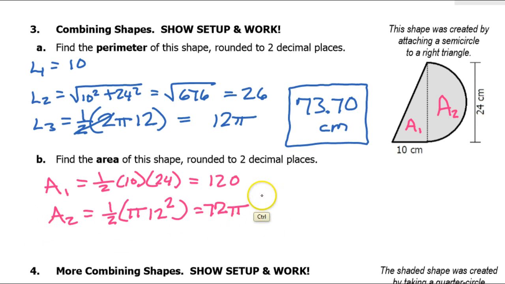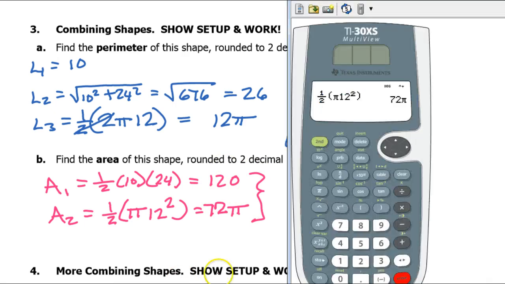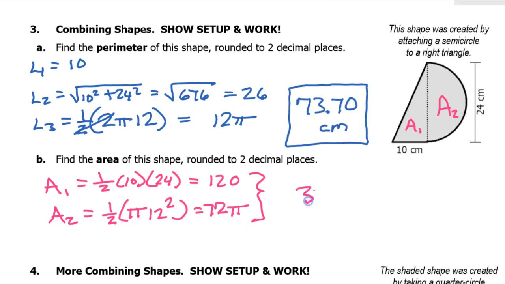Okay, so the total area, I will just add these two smaller areas together. So if I do 120 plus 72 pi, that's 346.19. And this is area, so it'll be centimeters squared.